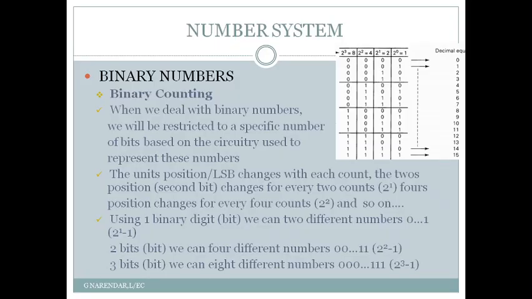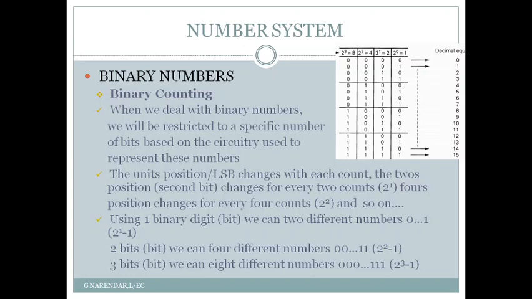Now you can see how we will get the counts when you want to count in binary. Observe the table, the first counts will be 0 and 1. Though the counts are 0 and 1, since our binary circuit requires to specify the count in 4 bits, we have written 4 zeros for 0, and for 1 we have written 3 zeros followed by 1.